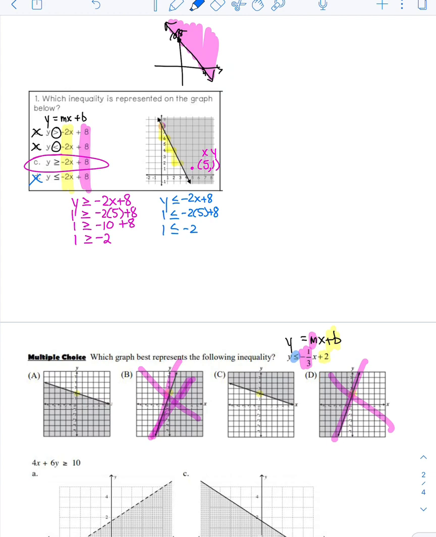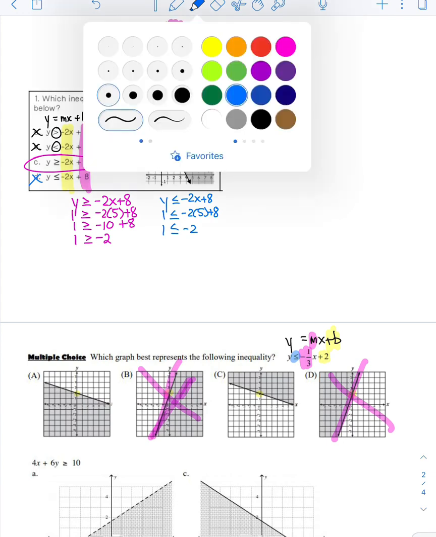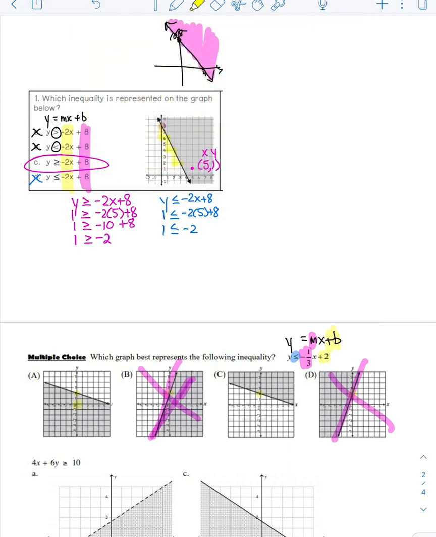I told you my favorite go-to is the point (0, 0). So I'm going to test (0, 0). If it makes this inequality true, then A will be my choice. So let's test (0, 0).